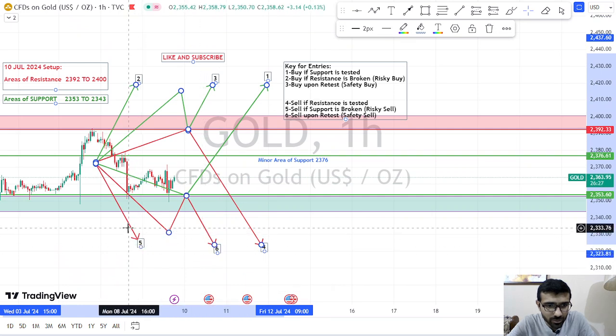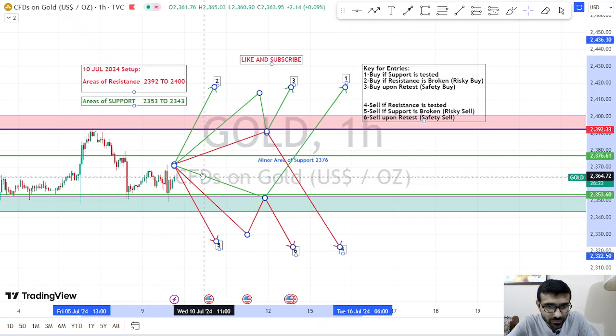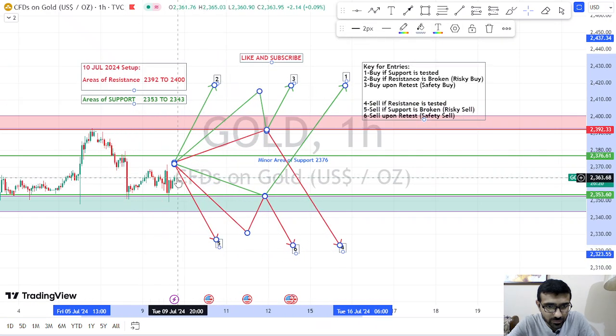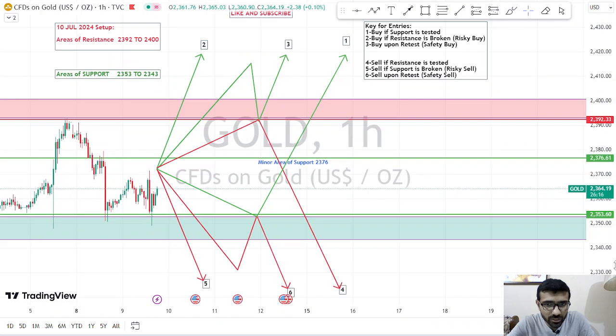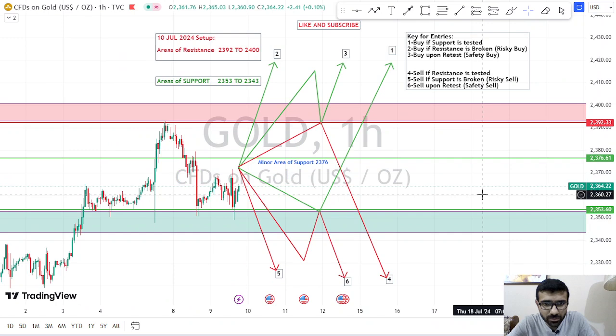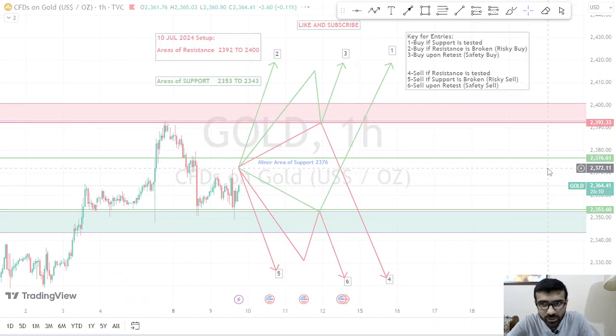So let me know if anything is making you guys confused. Okay, so that's all. So let us move forward to the next pair, which is the British pound versus US dollar, GBP versus US dollar.